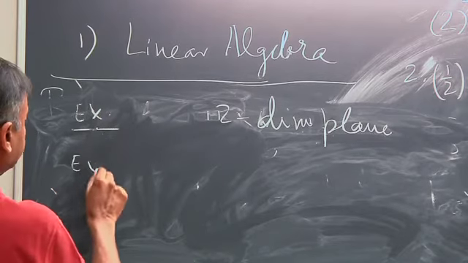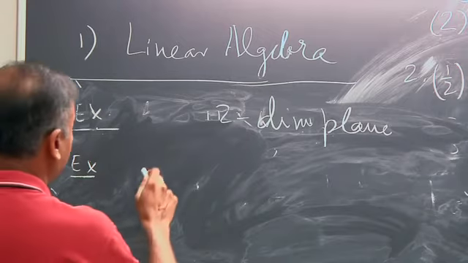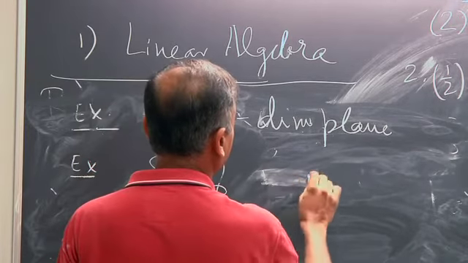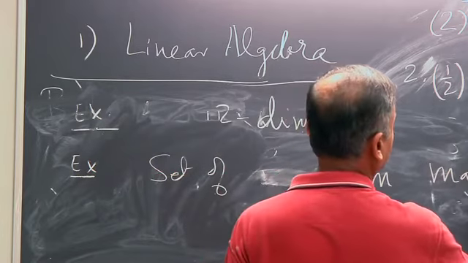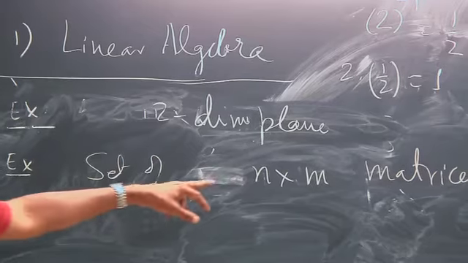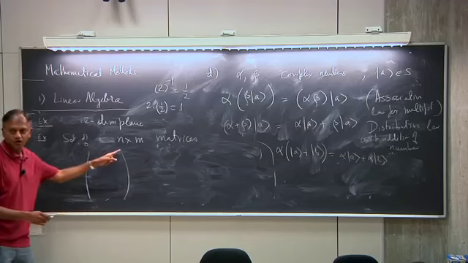Another example is a set of matrices, say n cross m matrices. So you know what an n cross m matrix is? It's a matrix that has n rows and m columns.